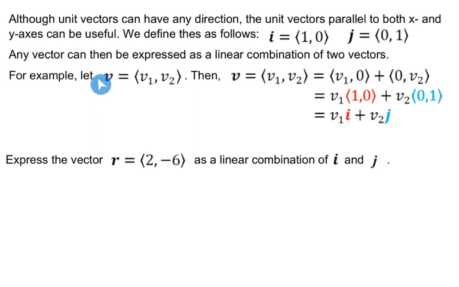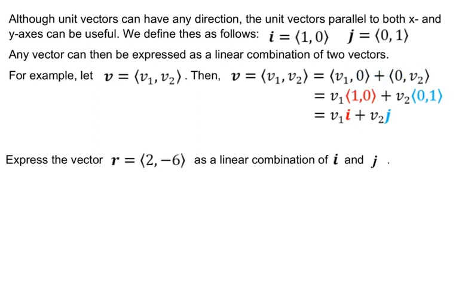So if I'm given a vector v with components horizontal v sub 1, vertical v sub 2, let's think about developing this definition here. Given our vector, I can, in a sense, unadd. So I can say v sub 1, 0 plus 0, v sub 2.